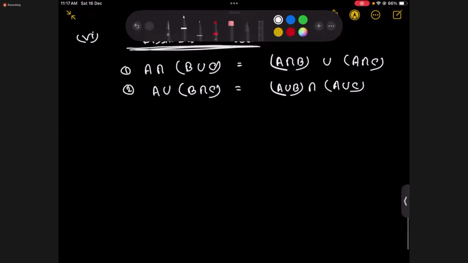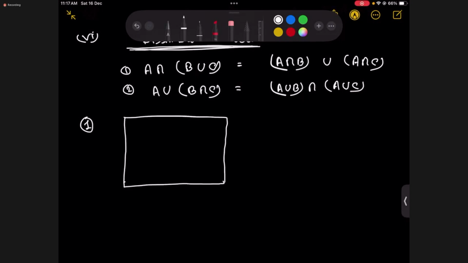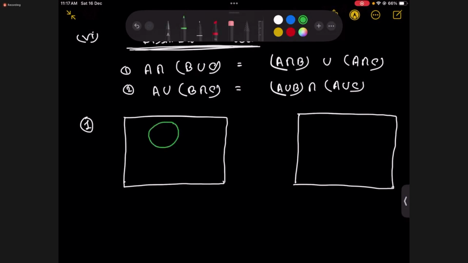So first, for the first one, this is for the left side and this one for the right side. In a similar way, we will draw all the sets A, B, and C. This is our A, this is our B, and this is our C.